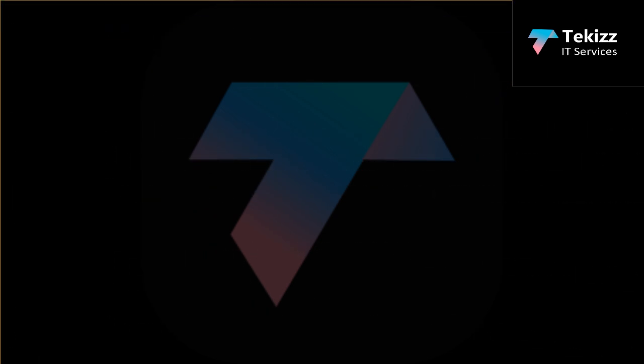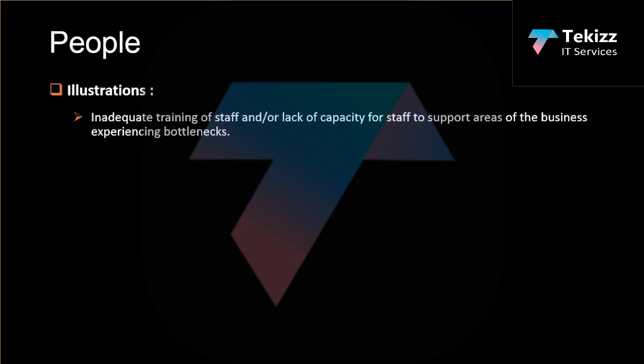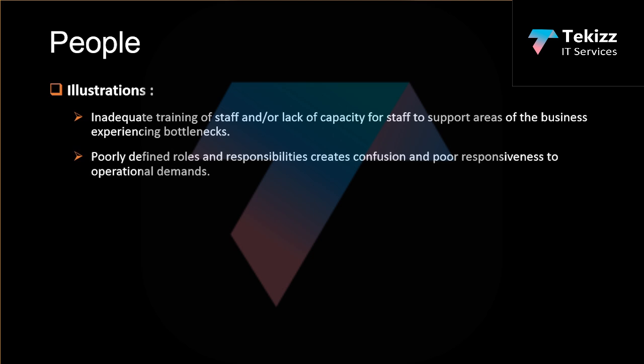Then the next category will be people. The illustrations will be inadequate training of staff and/or lack of capacity for the staff to support the areas of the business experiencing bottlenecks. Poorly defined roles and responsibilities create confusion and poor responsiveness to operational demands, and poor service delivery due to staff capacity and training issues.